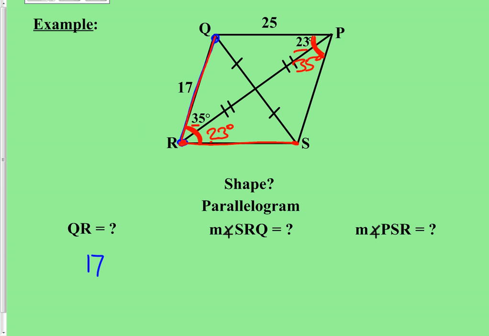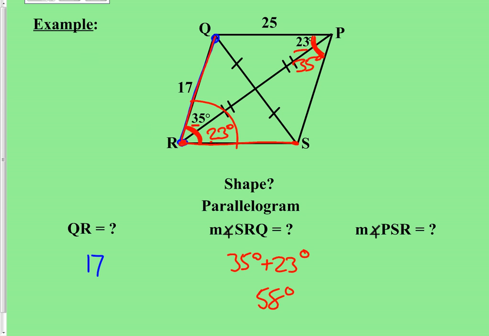That 35 degrees is missing. Okay, so if we put those guys together, we should be able to figure out a measurement. The 35 degrees near vertex R, and now the 23 degrees, the other part near vertex R, if we put those together, we see that we have an angle measurement of 58 degrees. The measure of angle SRQ is 58 degrees.